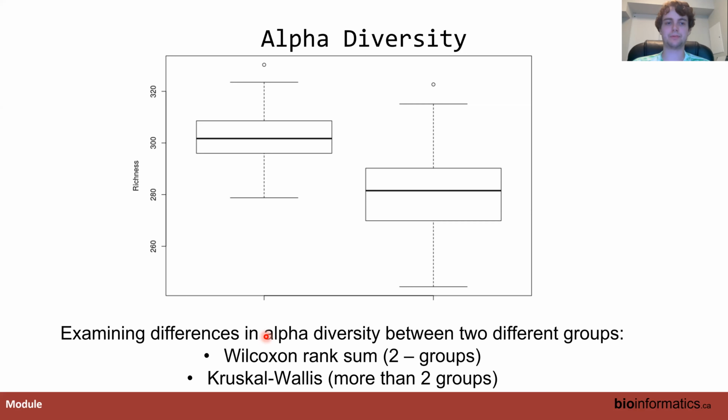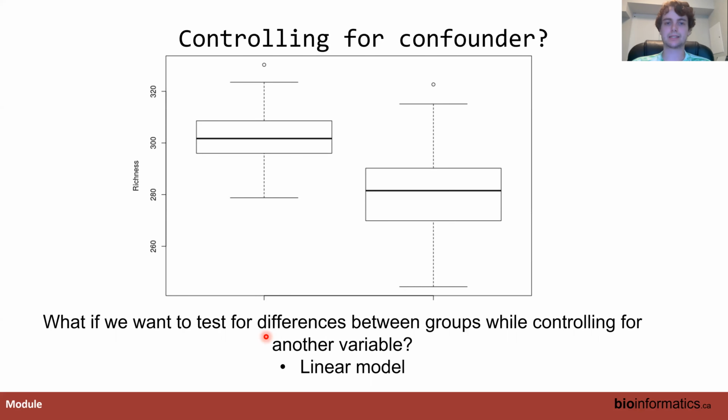The second question you might be wondering is, perhaps I did my alpha diversity analysis, but it includes samples that came from multiple different rounds of sequencing or multiple different rounds of DNA extraction, and I want to include that as a confounding factor in my analysis. One way you can answer this is through the use of linear models.